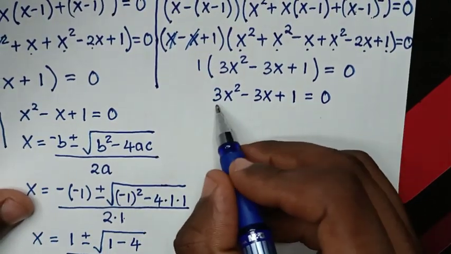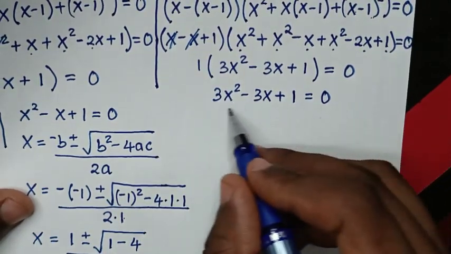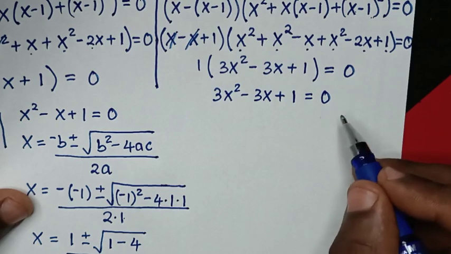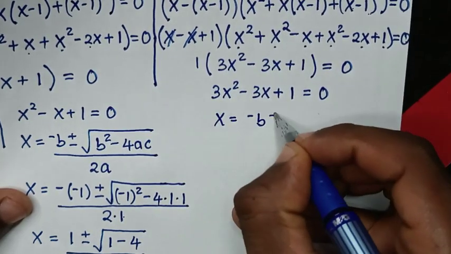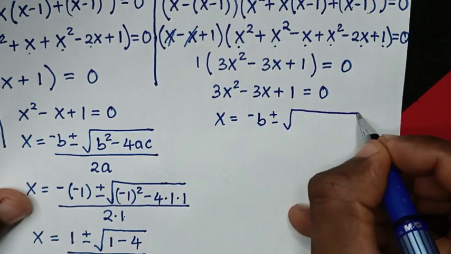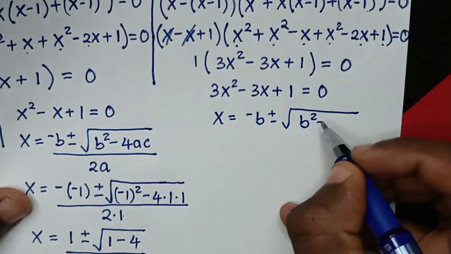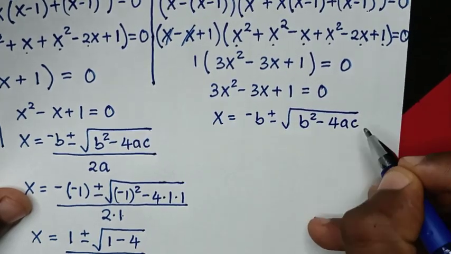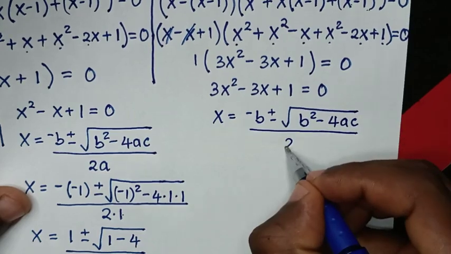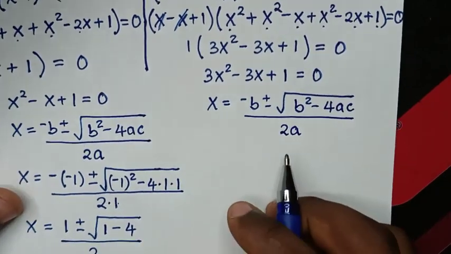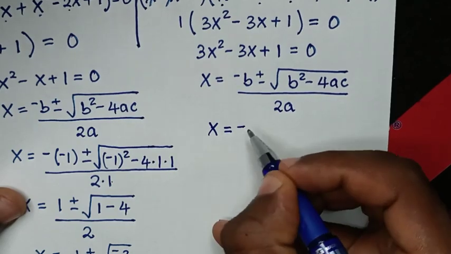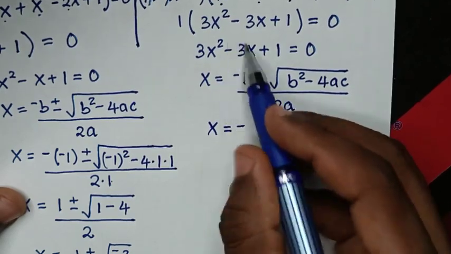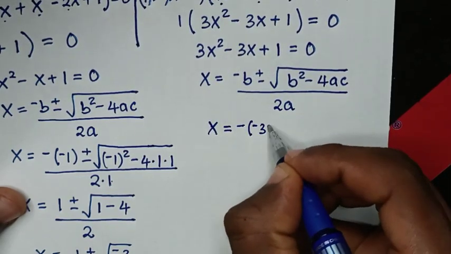Then in the next step, to solve this quadratic equation, we'll use the quadratic formula. So from the quadratic formula, to find the value of x is equal to negative b plus or minus square root of b squared minus 4ac over 2a. Then it will be x is equal to negative b, b is the coefficient of x, which is this negative 3.